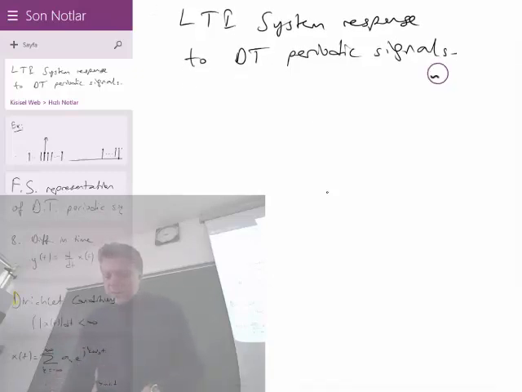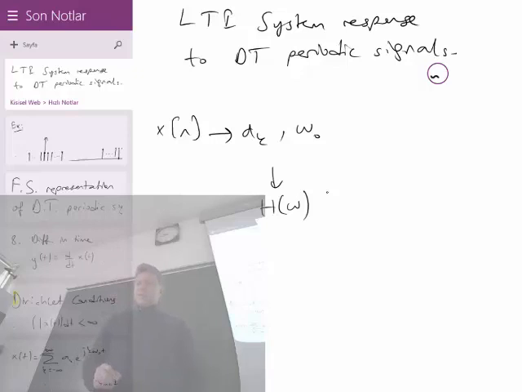You have to start with x of n, and then you evaluate a_k and omega 0, and then you just pass it through a system which has a frequency response at some specific frequency. For example, if for low frequencies it's high or 1, and for high frequencies it is zero, then that would correspond to a low pass filter. You remember that. Similar thing here.